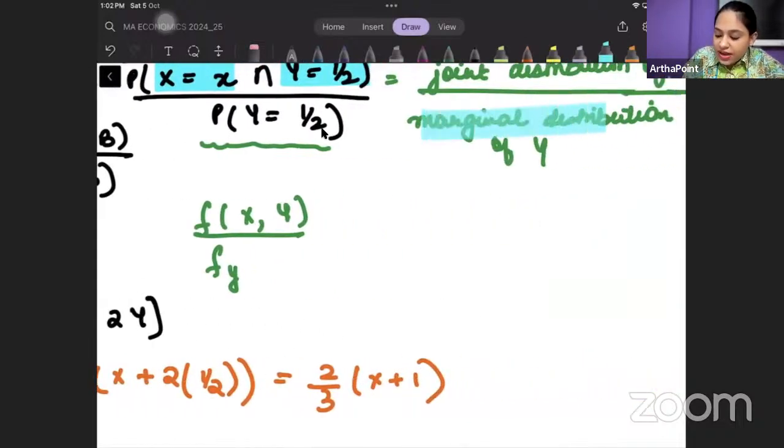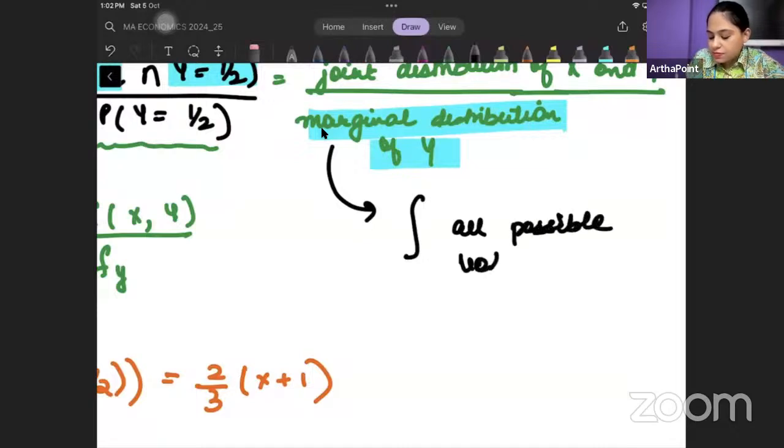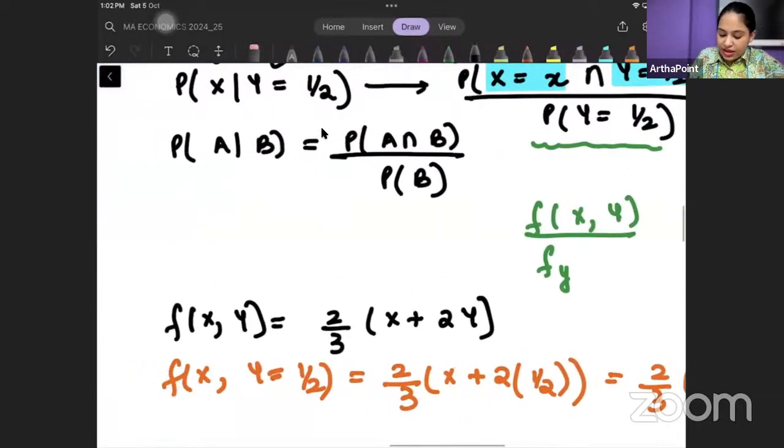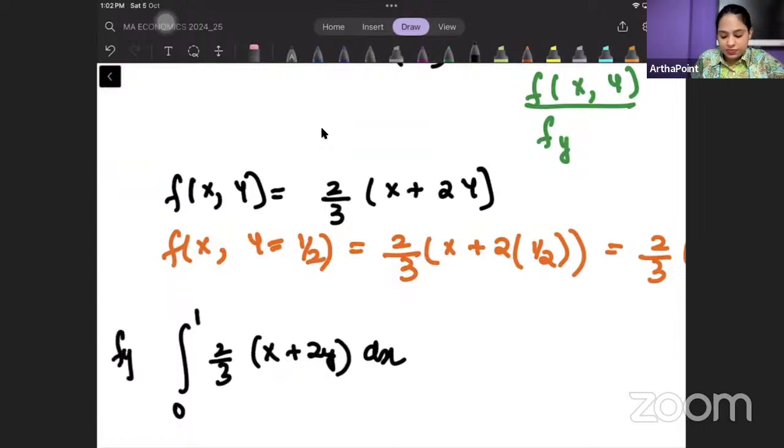For the denominator, I need the marginal distribution of y. We have done this in class: by definition, the marginal distribution of y means integrating over all possible values of x. So we integrate 2 by 3 (x plus 2y) for x between 0 and 1.